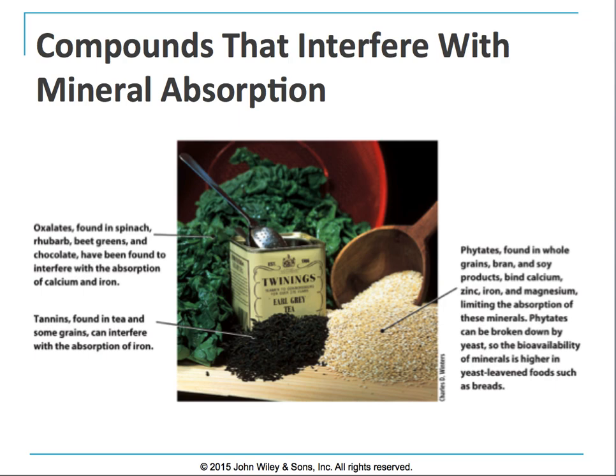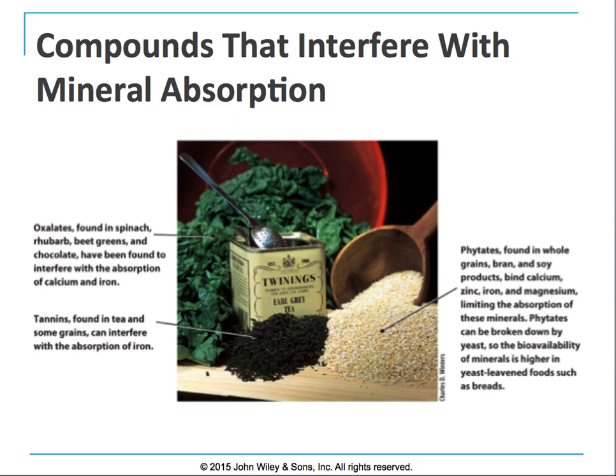Then tannins, found in tea and some grains, can interfere with the absorption of iron. And phytates, found in grains, bran, and soy products, bind calcium, zinc, iron, and magnesium, limiting the absorption of these minerals. Phytates can be broken down by yeast, so the bioavailability of minerals is higher in yeast-leavened foods such as breads.